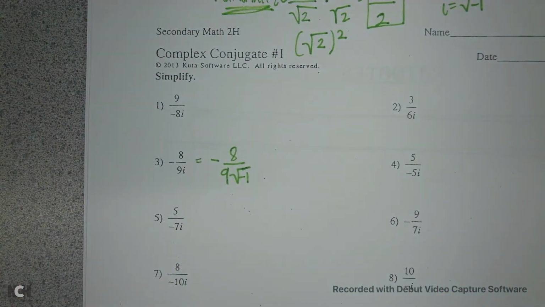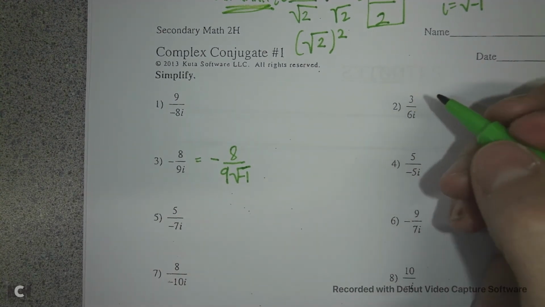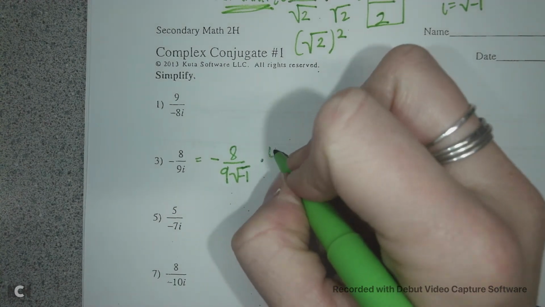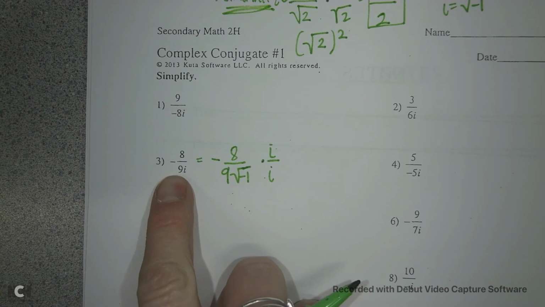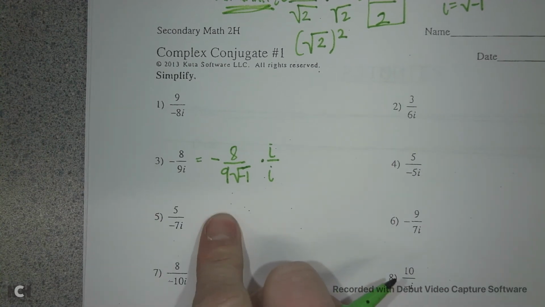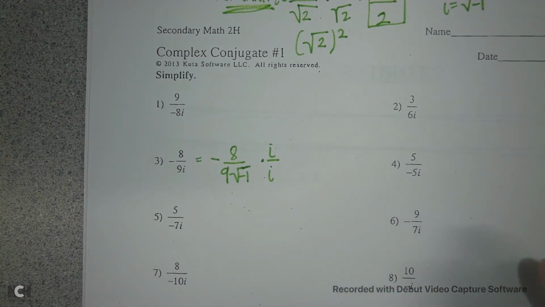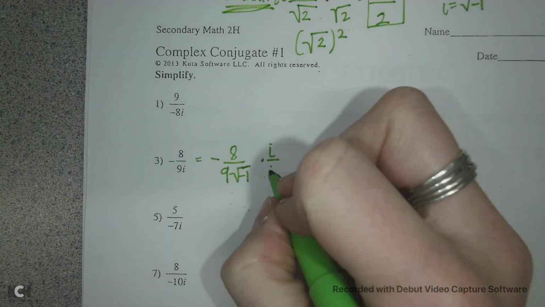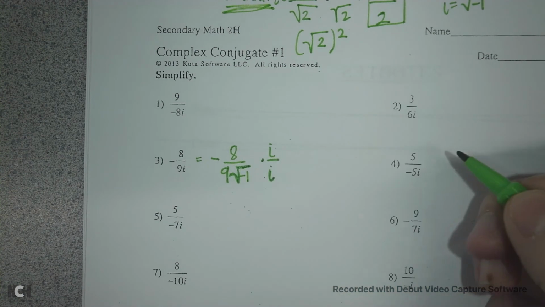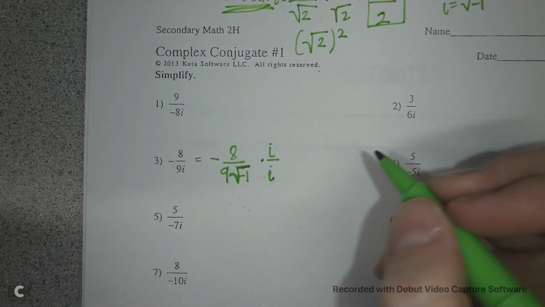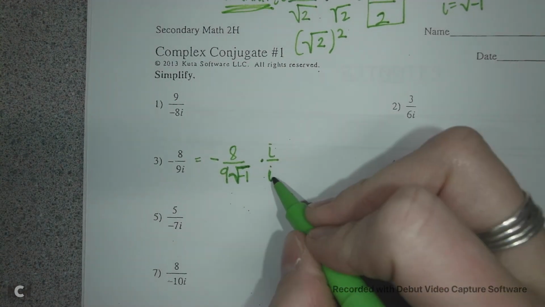Well, we can't have a radical in the bottom, so we're going to rationalize. We do that by multiplying both the top and the bottom, and we're just going to multiply by i. You could multiply by 9 if you wanted to, but then you'll have to reduce. This just helps us not have to reduce as much. The reason I picked i is because we have i's on all the problems, so you don't have to change them over to a square root. I was just showing you that the square root of -1 and i are the same thing.